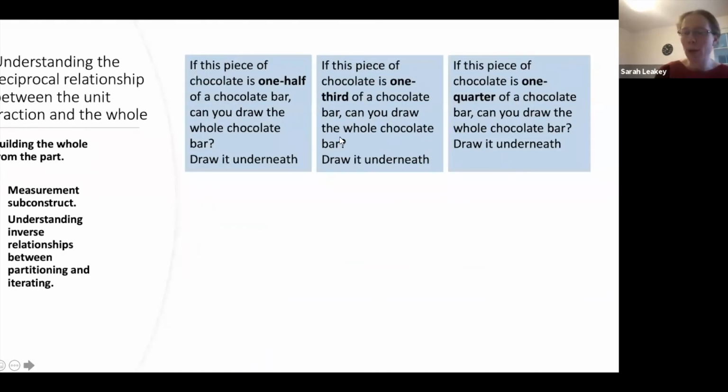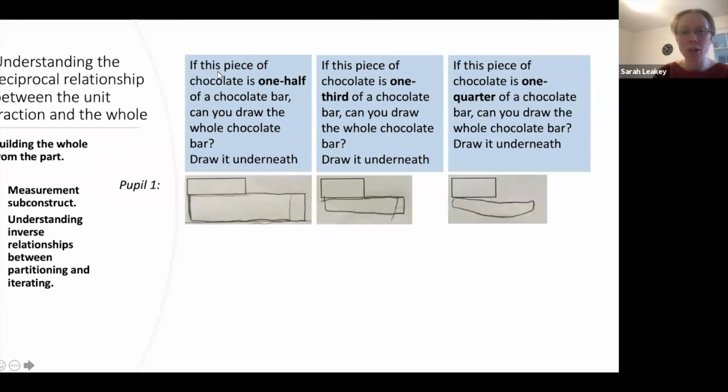So again, this is back with the P3s, and this was just sort of experimental, but I have done some work with them on halves, thirds and quarters. They were told, if this piece of chocolate is 1/2 of a bar, can you draw the whole chocolate bar? So looking at moving from part to whole, when we often move from whole to part. Here the pupil seems to have made some sense of that.